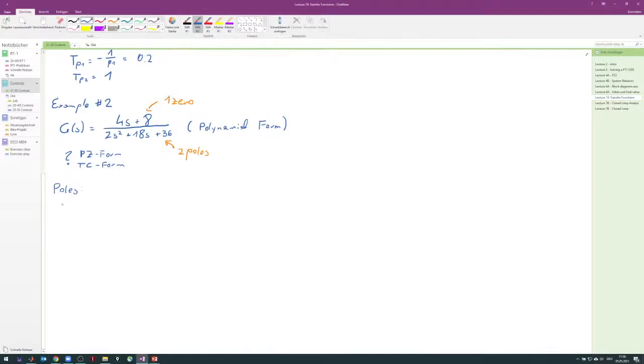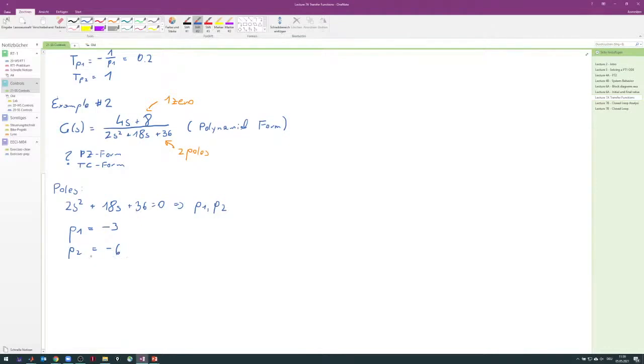We need to solve 2S squared plus 18S plus 36 equals 0, and this gives us our P1 and P2. I'm not going to do this now. You know how to apply the midnight formula. What you get out is P1 equals minus 3 and P2 equals minus 6.